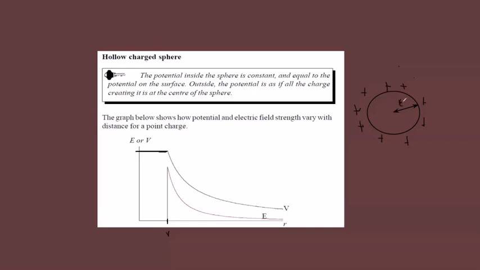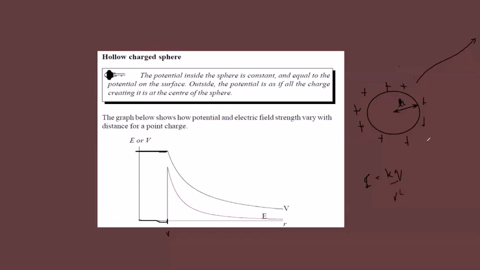So as there is no electric field inside, the electric field is zero till the radius point. Once we reach the surface, it will have a maximum electric field. As we move away from it, the electric field will decrease, and it also follows the inverse square relation, because that's also given by E equals kq over r squared.